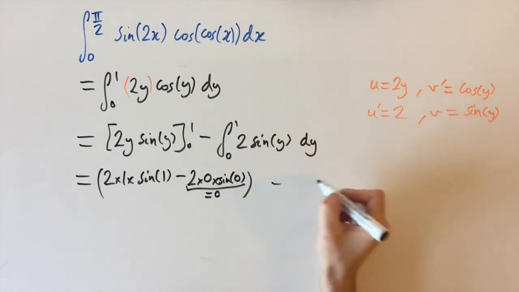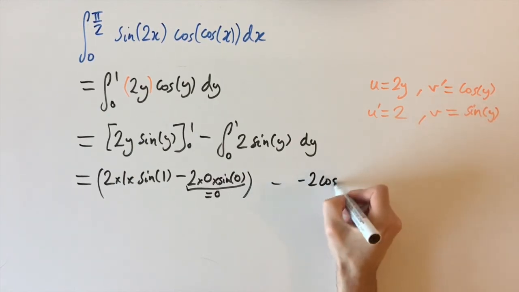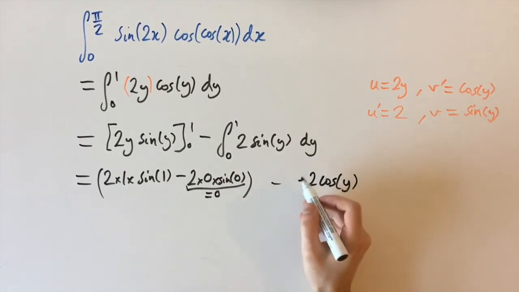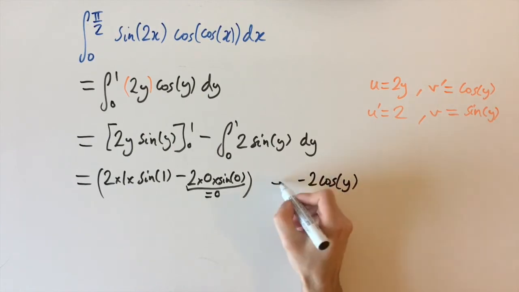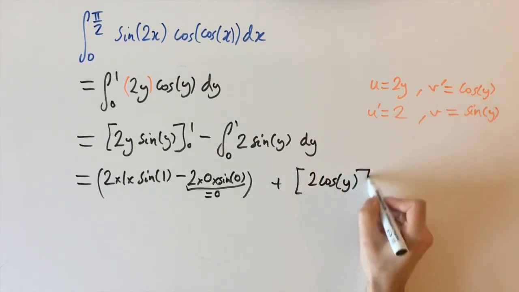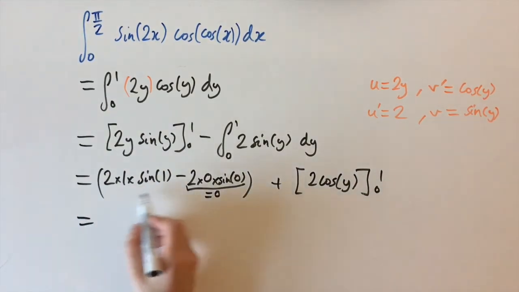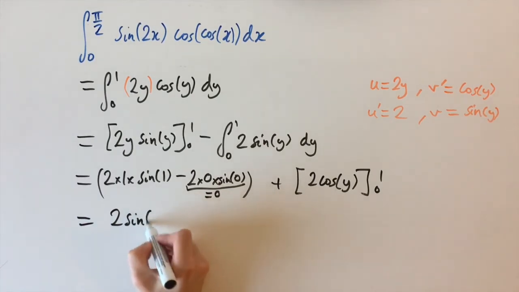And we said this was equal to minus 2 cosine of y. And then the double minuses cancel to give us a plus. So I'll just rub this out. And then we just evaluate this at the limits 0 and 1. So we're almost there. This whole bracket is equal to 2 times sine of 1.